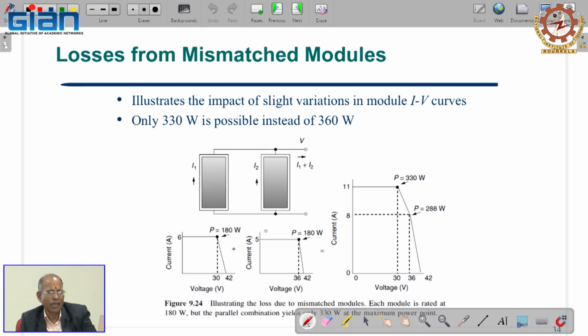One is supplying at say 30 volts, 6 amp. Okay. The other one is supplying at say 42 volts, 5 amps. Both PV panels have the same power rating. If from one manufacturer you get 180 watt, then from another manufacturer again 180 watt, but both have different voltage and current ratings. You thought that the power rating is the same.